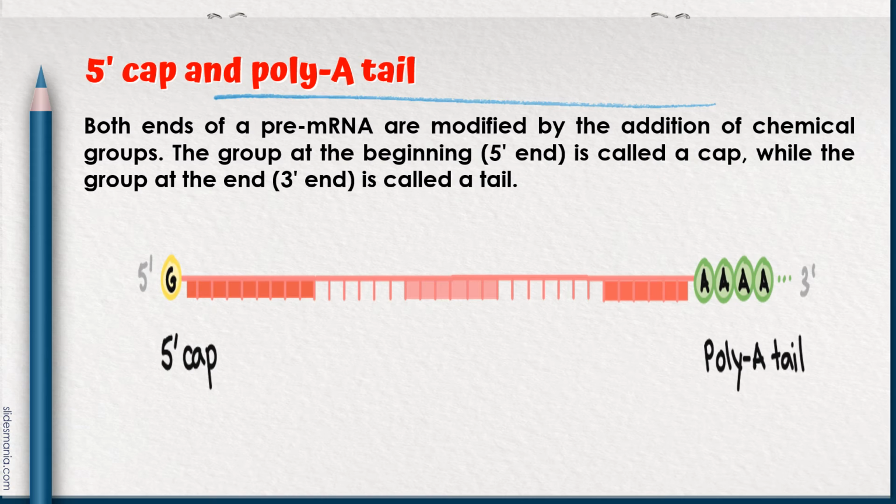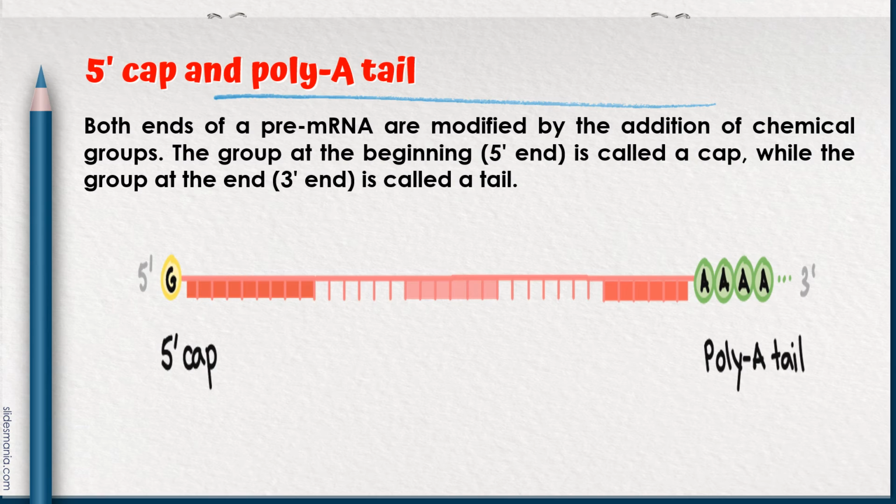In this image of a pre-mRNA with a 5' cap and a 3' poly A tail, the 5' cap is on the 5' end of the pre-mRNA and is a modified guanine, or G nucleotide.